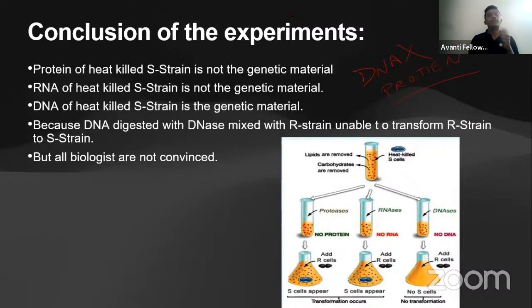That is why they thought that protein might be the genetic material and they were not convinced. So this experiment did not get the required attention that it had to get. It was such a simple experiment to prove that DNA is a genetic material, but it was not accepted, unfortunately.